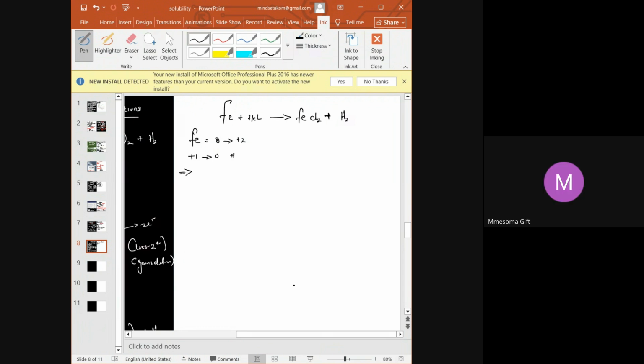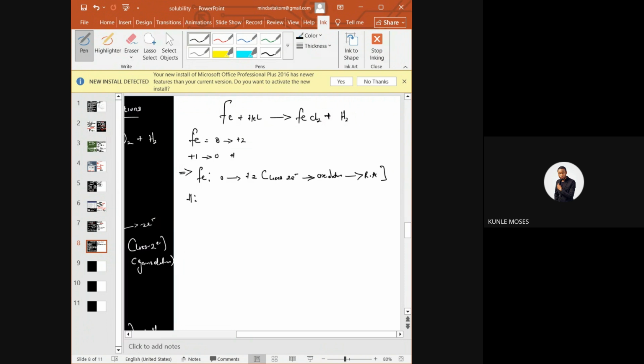Why? It's losing 2 electrons to become +2. Very good. So that's Fe from 0 to +2, it loses 2 electrons. So that's oxidation, and that means it's the reducing agent, in case they ask.